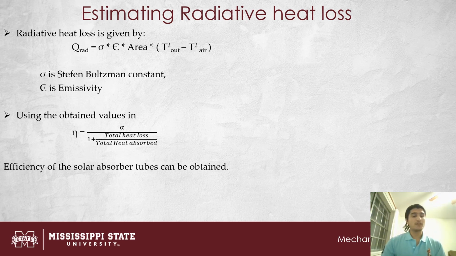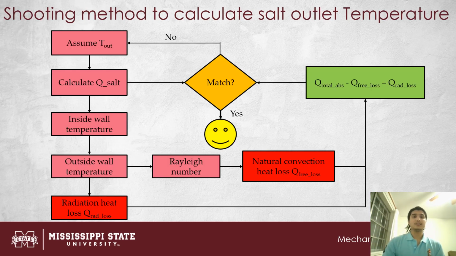After finding all those terms, we can put them in the formula that I showed here, and the efficiency can be found. In all those, I have said that the wall temperature needs to be found. For that, we use the sweeping method to calculate the outlet temperature of the salt, which helps us calculate the wall temperature and finally find the efficiency.